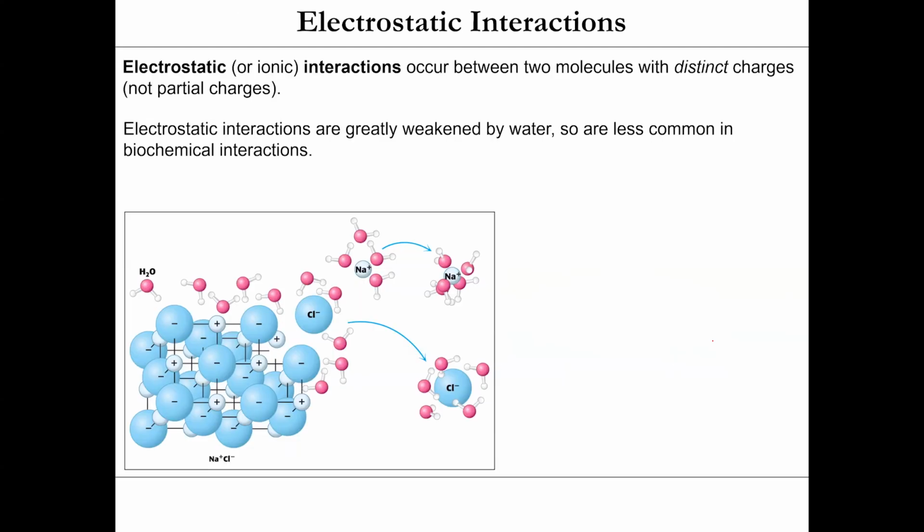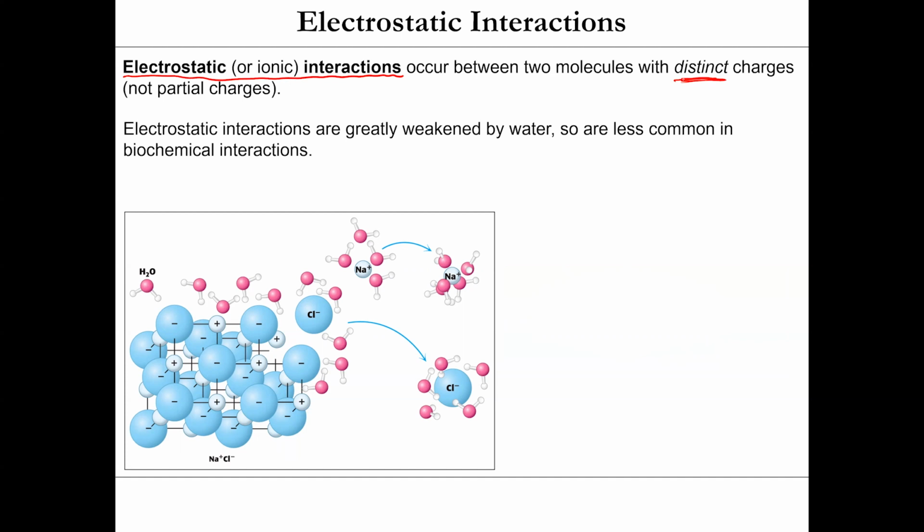So now we'll move into some additional non-covalent interactions that are important for biochemistry. The first one we'll talk about are electrostatic interactions, also called ionic interactions. These interactions occur between two molecules with distinct charges, so not the partial charges that we saw with hydrogen bonds.